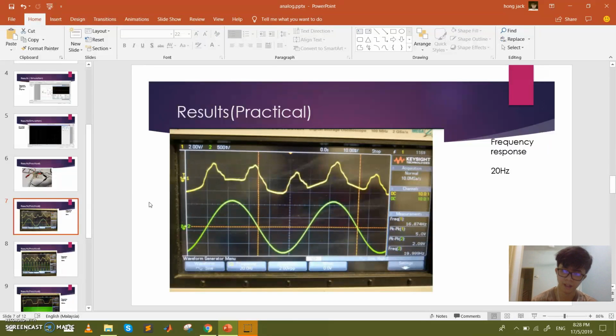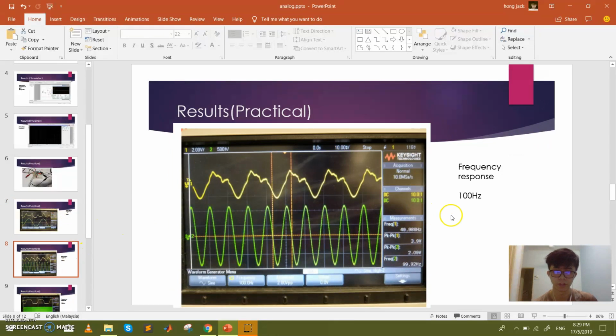This is an example of 20 Hertz, where the second one is the input, which is 20 Hertz, and this is the output. The peak to peak of the output is 5 volts for this 20 Hertz, and the peak to peak voltage of the input is 2.09 volts.